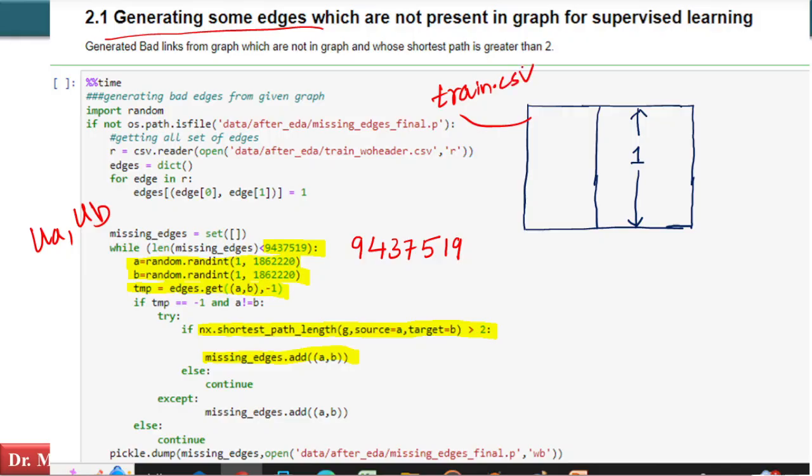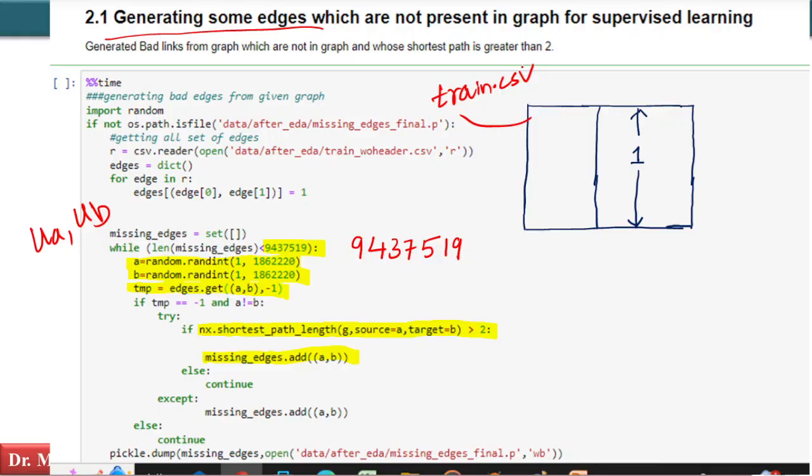I am generating some more data points here where all of these are zero labeled, such that for any pair of vertices here there is no edge, and these are picked randomly such that the length of the shortest path is greater than 2. Very simple. That's how we are constructing the data set.